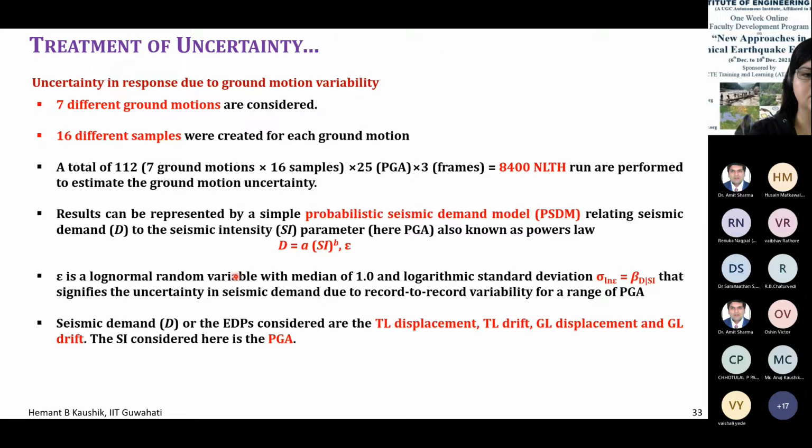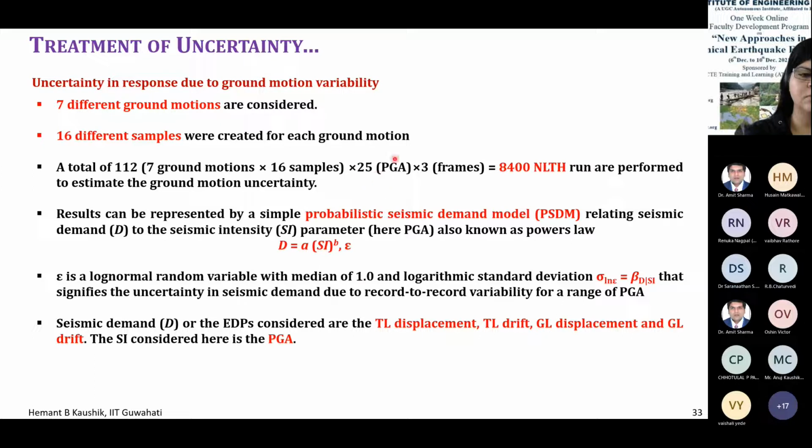So again, we use the same 7 ground motions, 16 different samples of these ground motions created by having the frequency dependent envelope curves for these ground motions. So we did that, and so total of 112 ground motions, and then we again changed the peak ground accelerations from 0.0 to 2.0.